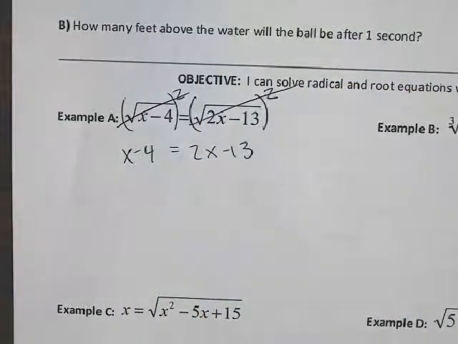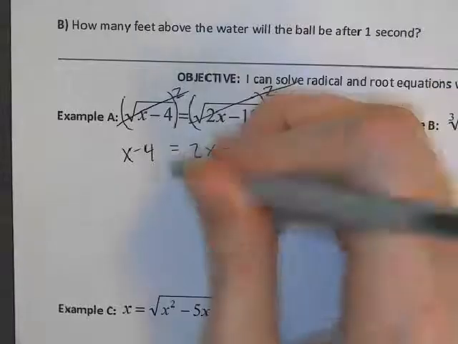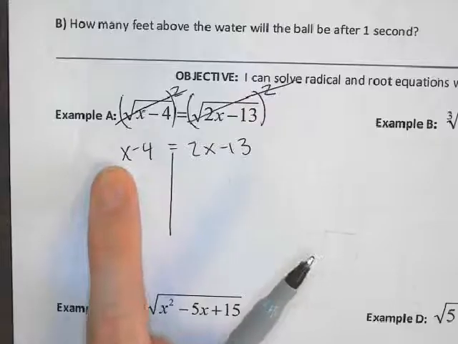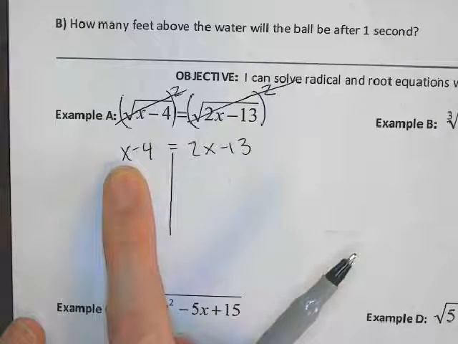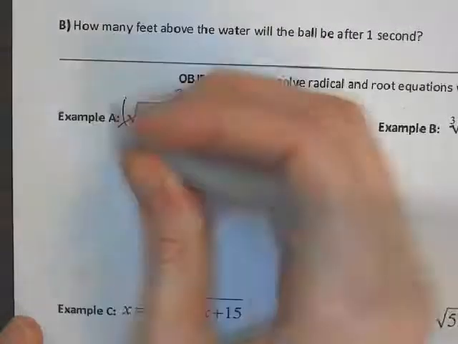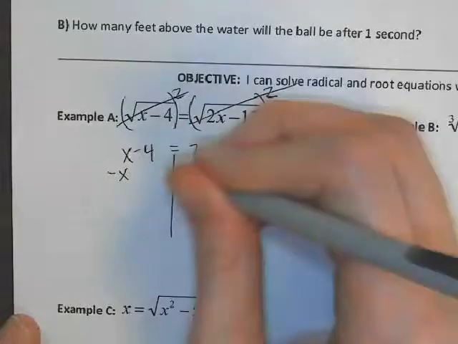So we still have an issue because we have x's on both sides. If you have variables on two different sides, focus on combining those variables together. It doesn't matter which way you go, but I like to keep it positive. So which one would I move? Okay, x minus 4. Yeah, I'd move the left side because you want to keep positive to make it easier. So if I want to get rid of this x, subtract x here.